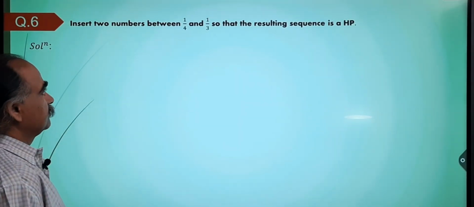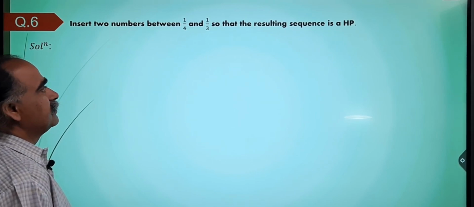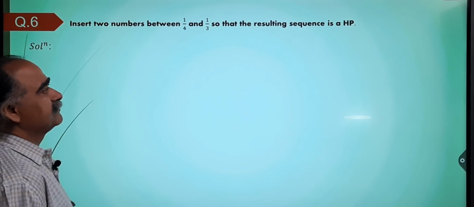Insert two numbers, or you can say two harmonic means, between 1 by 4 and 1 by 3 so that the resulting sequence is HP.